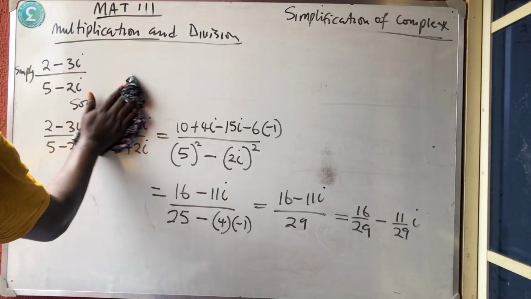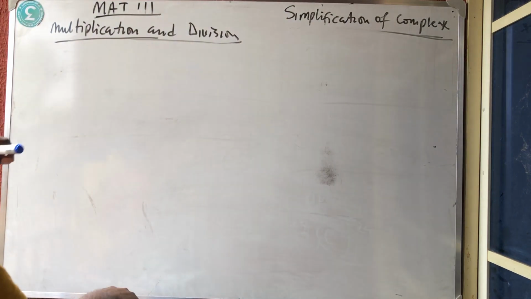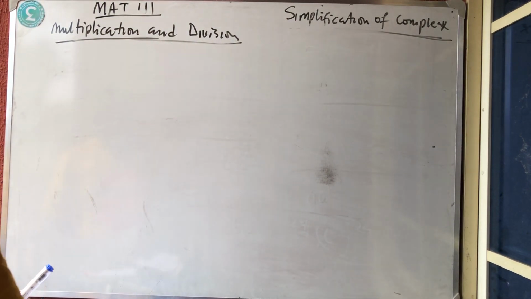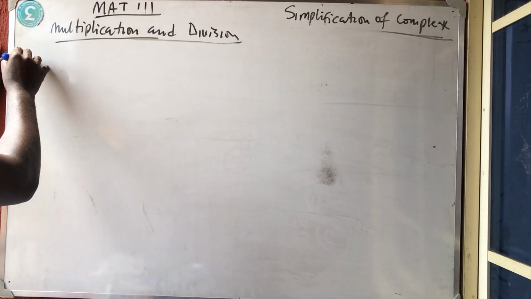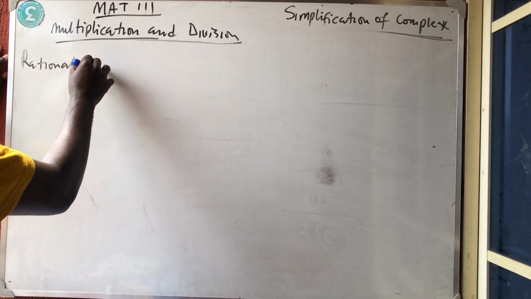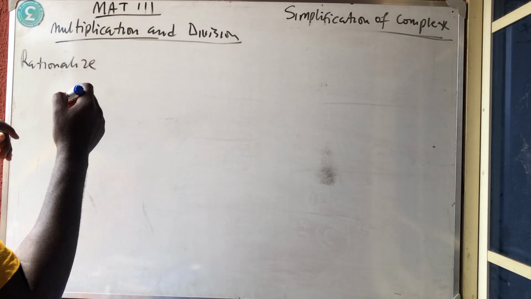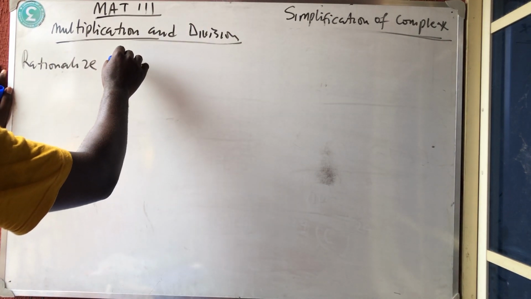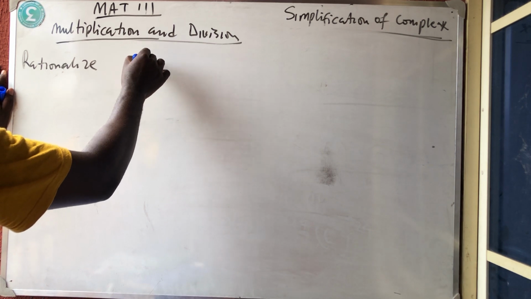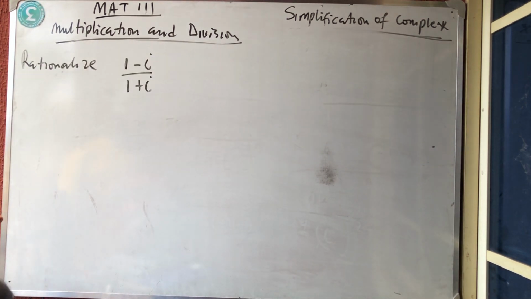So the last question I'm going to solve here says rationalize 1 minus I all over 1 plus I. Let us do this simple one.